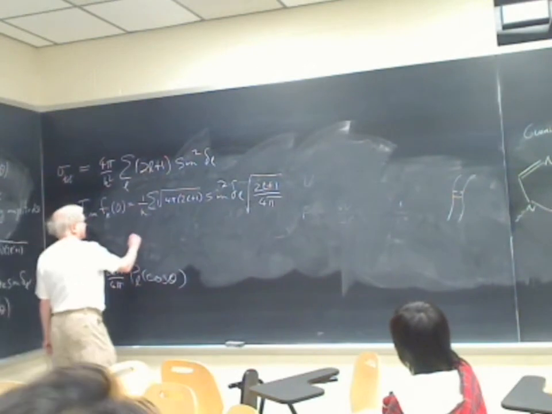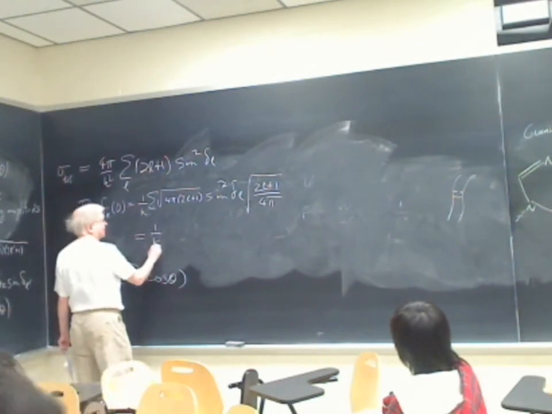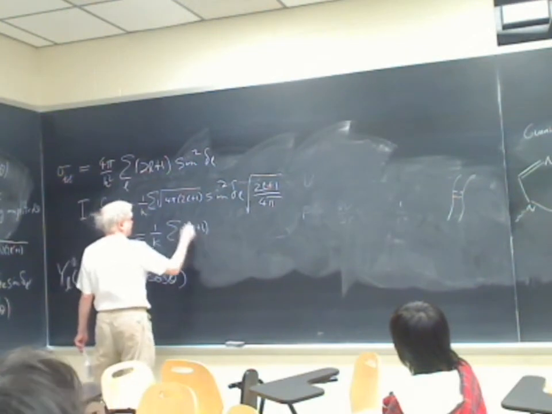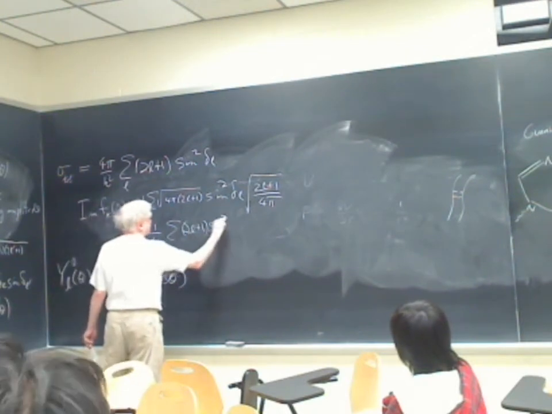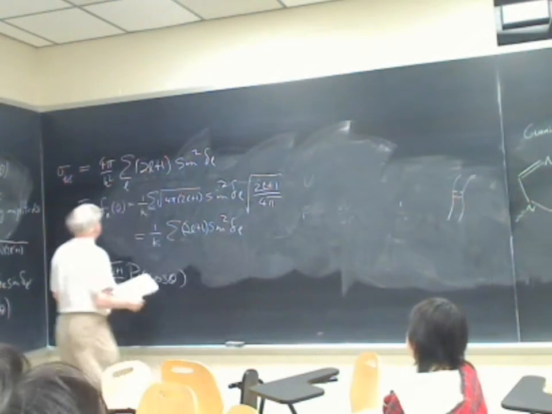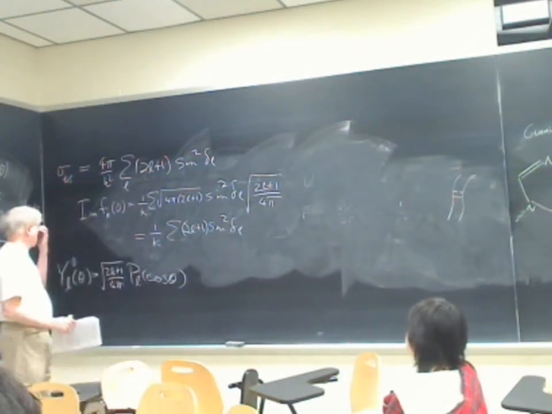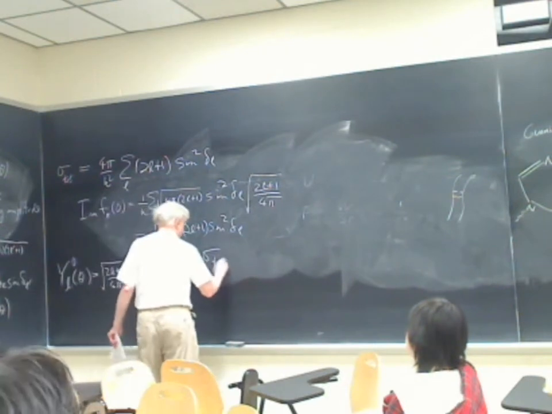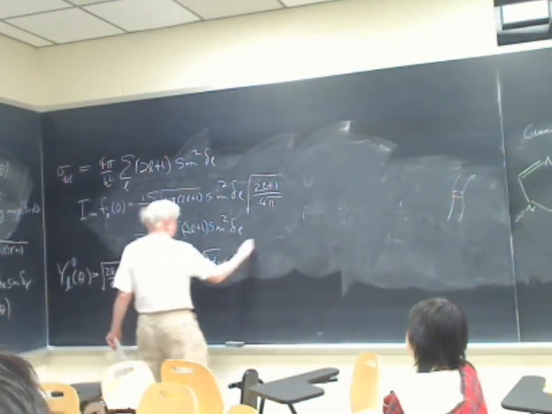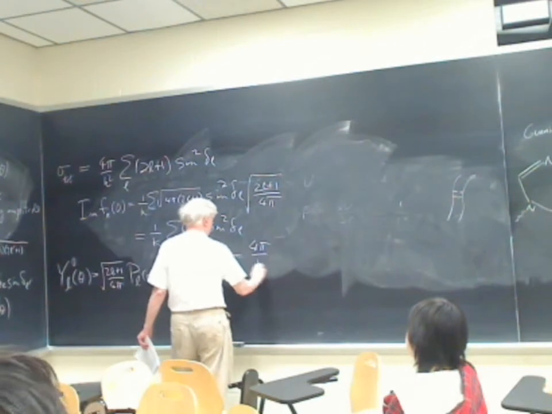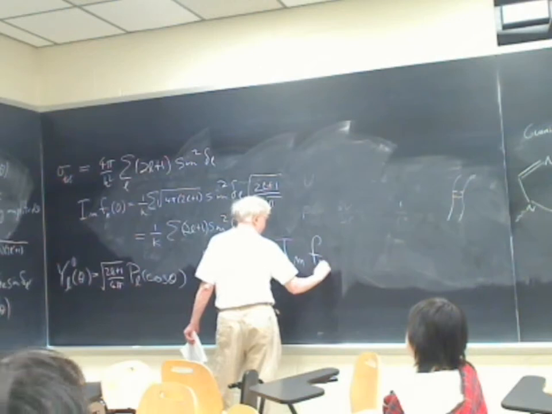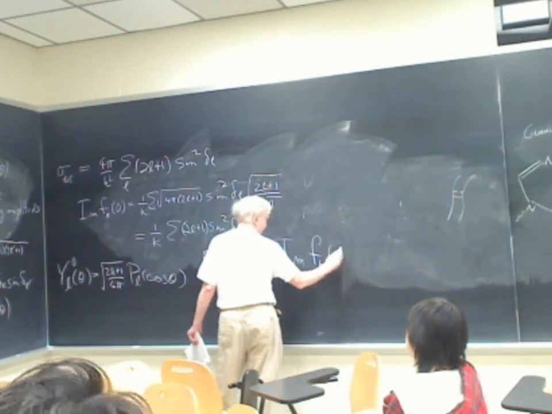And so what we get there for the sum is 1 over k, a sum, 2L plus 1, sine squared delta L. And so now you see that the total cross-section is equal to 4 pi over k times the imaginary part of the forward scattering amplitude.